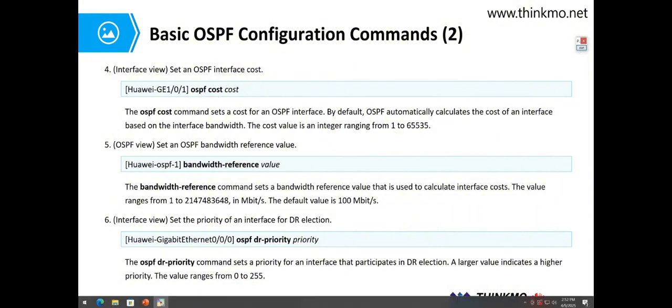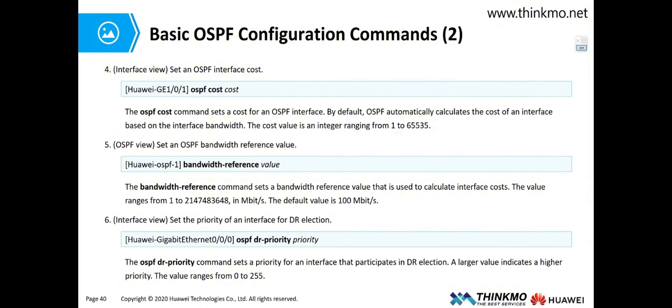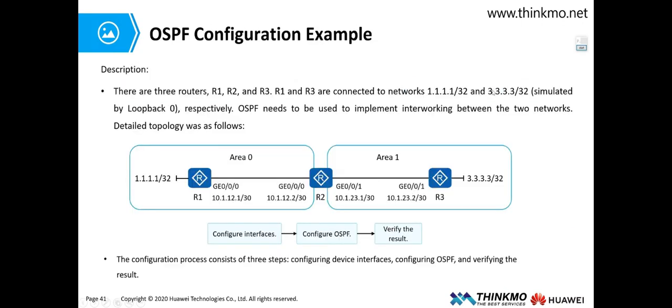Now let's look at an example to demonstrate this. Right now I have 3 routers here, namely R1, R2, and R3. R1 and R3 are connected to the networks 1.1.1.1/32 and 3.3.3.3/32 respectively. We use loopback interfaces to simulate this.